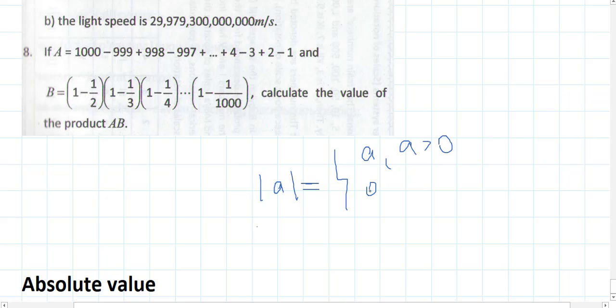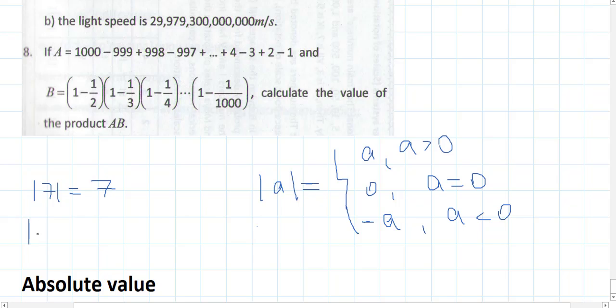It is 0 if A is equal to 0, and it's minus A if A is less than 0. So for example, the absolute value of 7. So 7 is our A and it's greater than 0, it's just 7. It's just A.